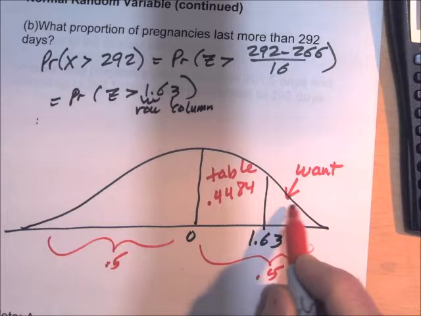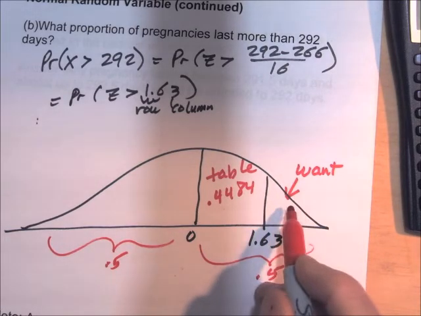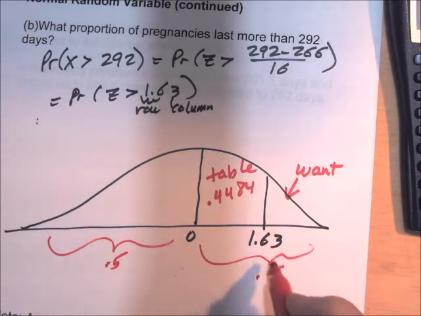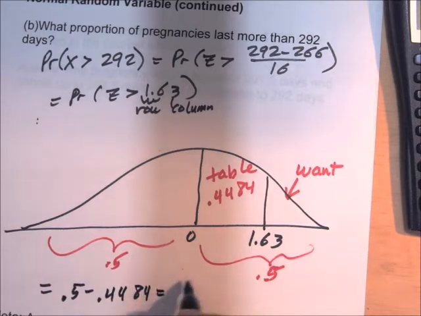So anyway, to get this piece here, the probabilities correspond to the size of these shaded areas. To get this piece here, it's going to be 0.5 minus the table. So it's going to be 0.5 minus 0.4484, which would be 0.0516.